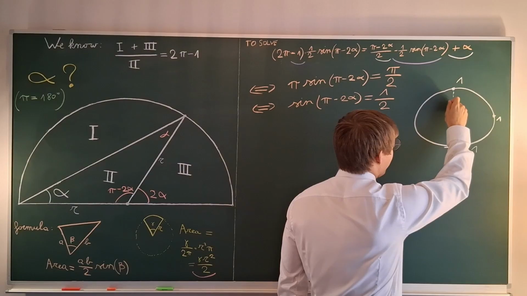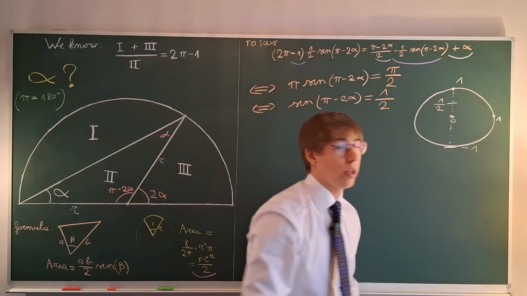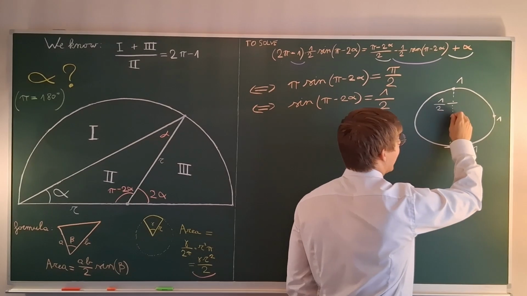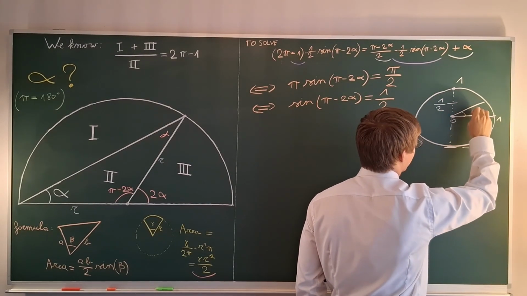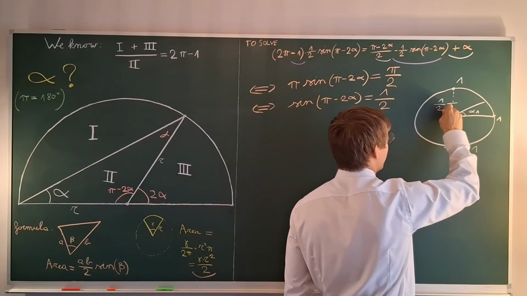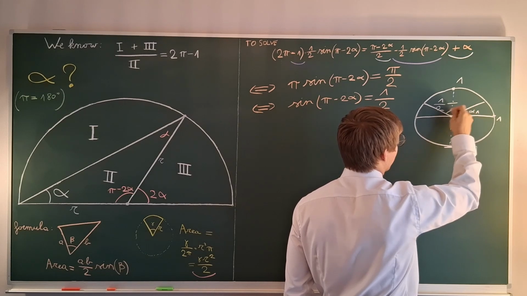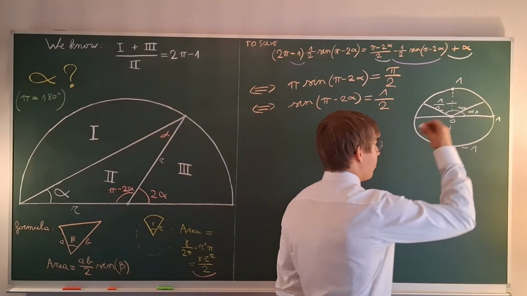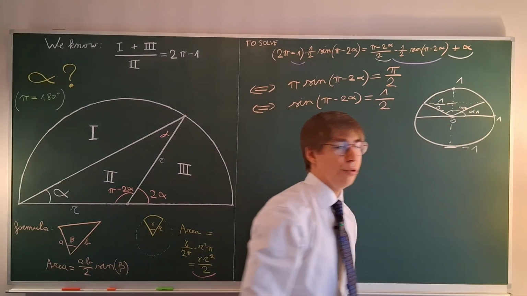So the value of sine has to be 1/2, which is here. So that corresponds to this angle. Let's call that alpha 1, but also to this angle. And let's call that alpha 2. So these both have the sine equal to 1 over 2.